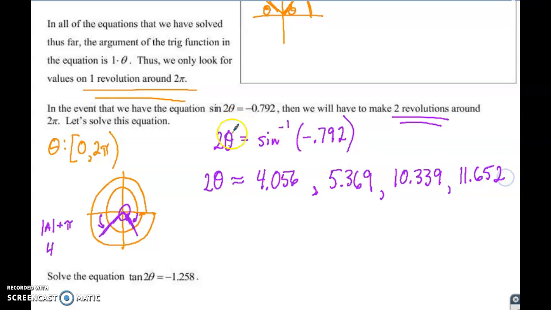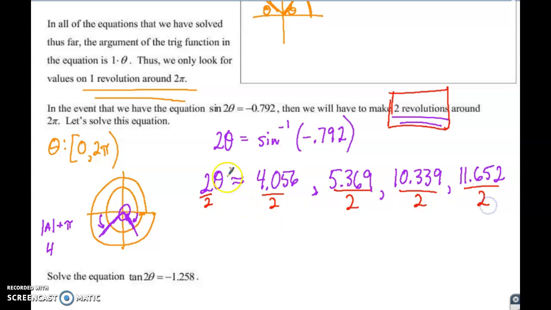So here's the real reason why we're doing this: by doing 2 revolutions, later we're going to solve for theta by dividing by 2. And you have to divide every one of those values by 2.